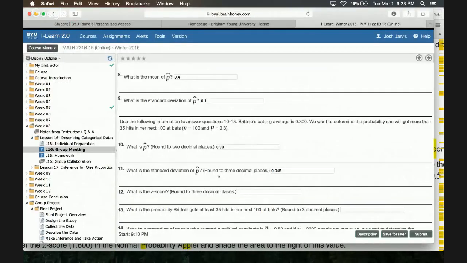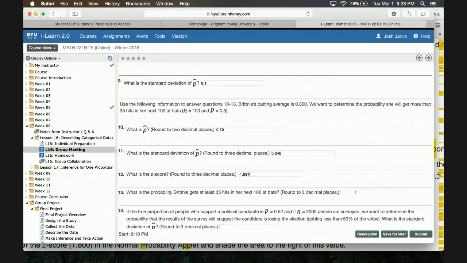Oh, right. So it'll be a negative number, because it's everything above that point, like if you were to put it in the applet. Oh, yeah, the tail. So it's negative 1.087. Is that what you got? Yeah, that's what I got too.